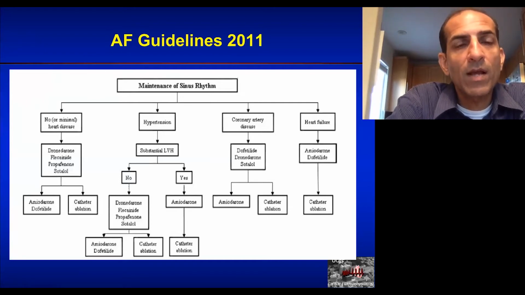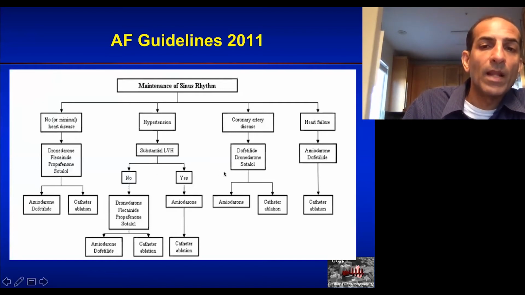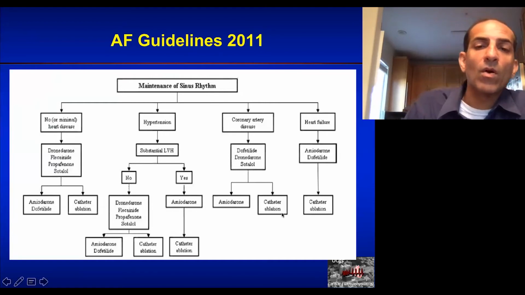So these patients have already had a heart attack, or they have known coronary artery disease. In these patients, unfortunately, you can't use class 1C drugs. And class 1C drugs are flecainide and propafenone. So the only ones available then would be dronedarone or Multaq, sotalol, or dofetilide. And then if you cannot take any of these, then again, you could go to amiodarone or catheter ablation.